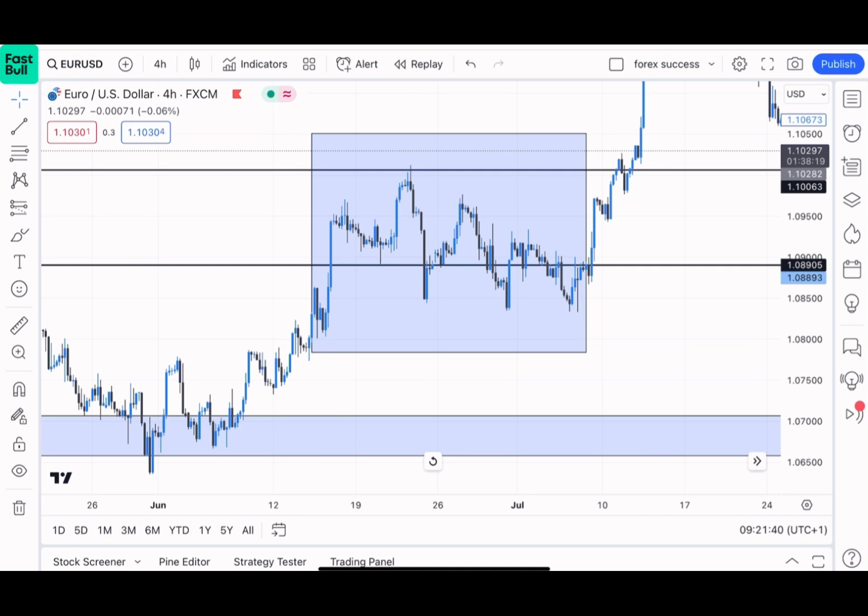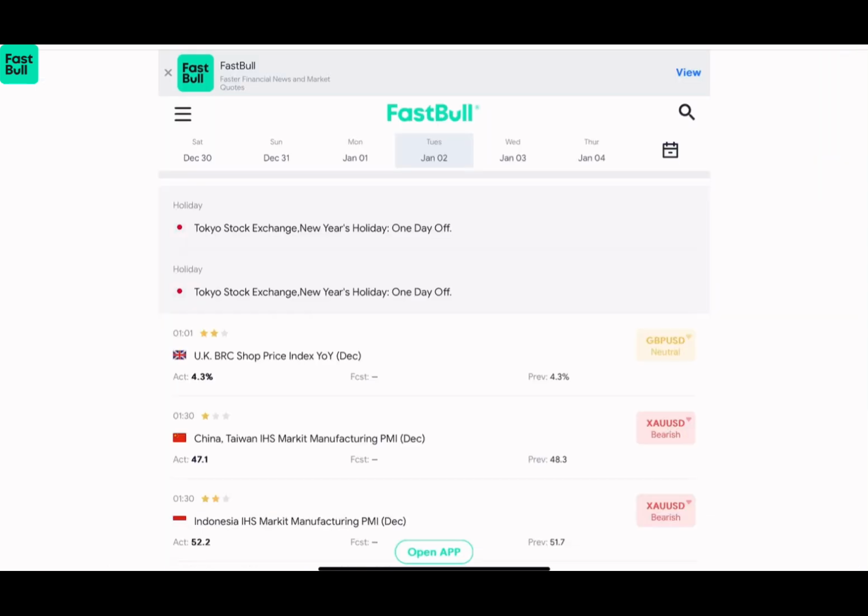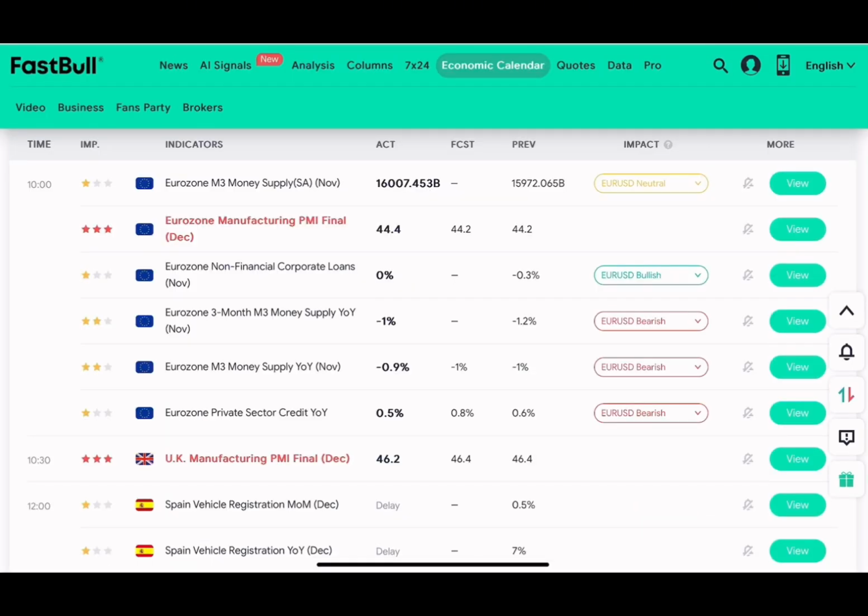Fundamental analysis, in case you don't know what it is, is simply checking for political, economical, and social forces that can change the price of a currency. So in order for us to do this effectively, we use Fastbull. Fastbull is one of the best platforms for checking the economic calendar.